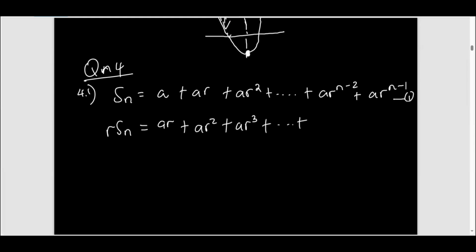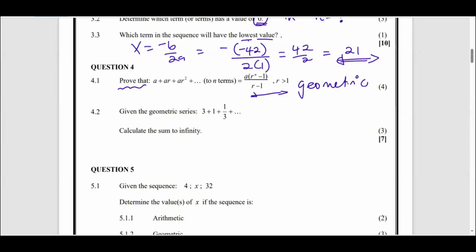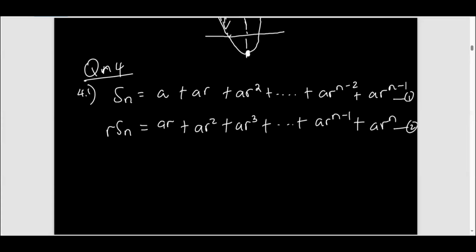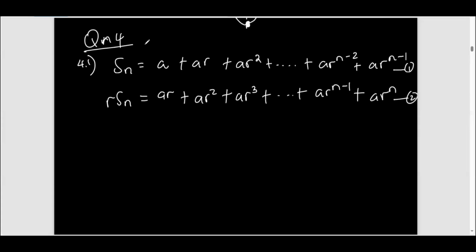Then if I multiply by R, I'll have AR to the n minus 1, and then the last term will be just AR to the n. So this is my equation number 2. But when I look at the format, they're telling us that R must be greater than 1. So we are subtracting R minus 1. So what I'm going to do, I'm going to say equation number 2.